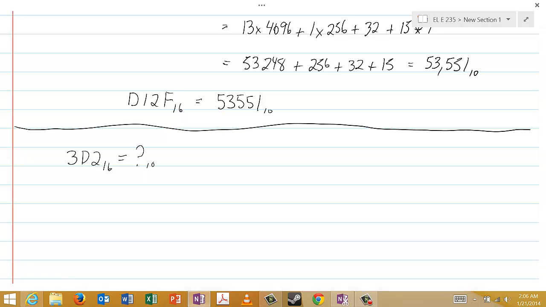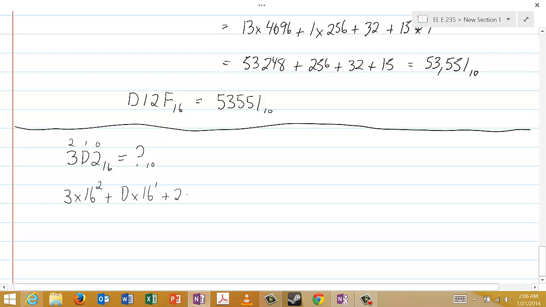Okay, so let's see how we would convert this to base 10, and then we'll see how we can check our work. We numbered the positions as usual, 0, 1, and 2. So the number here on the left is 3 times 16 squared plus D times 16 to the first power plus 2 times 16 to the 0th power.